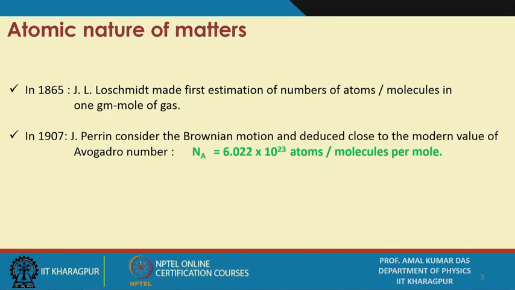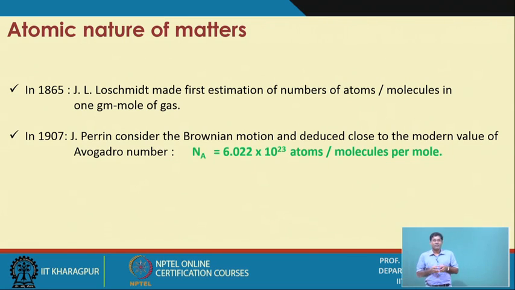He reported the value of what is now called the Avogadro number, close to the modern value, which is 6.022, or sometimes 6.023, times 10 to the power 23 atoms or molecules per mole.